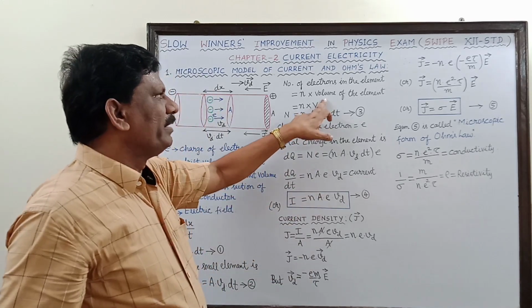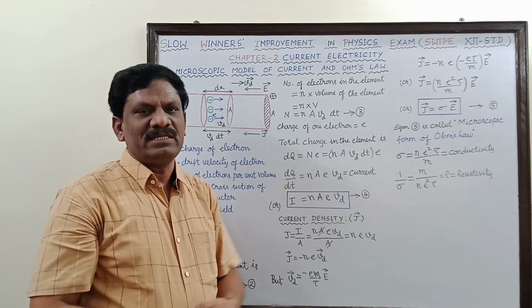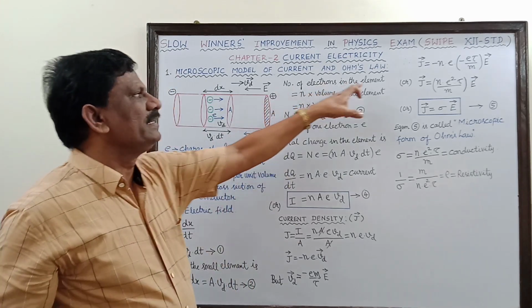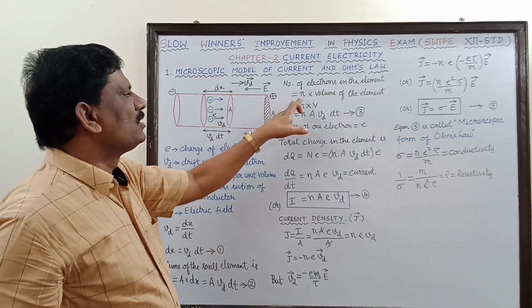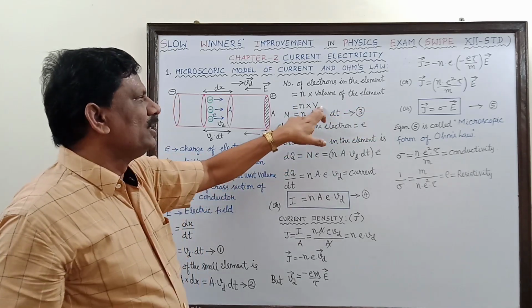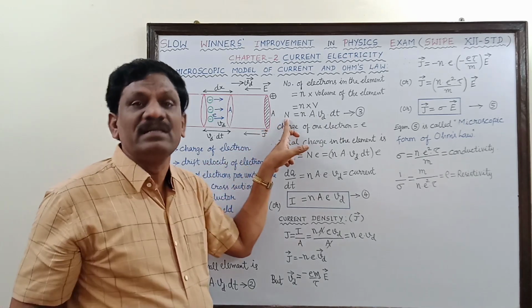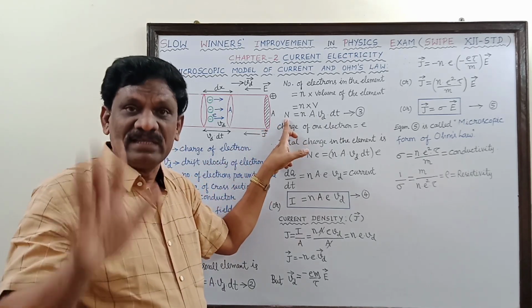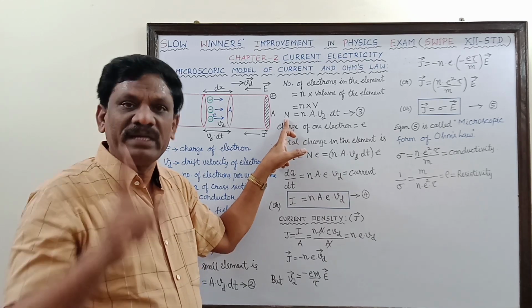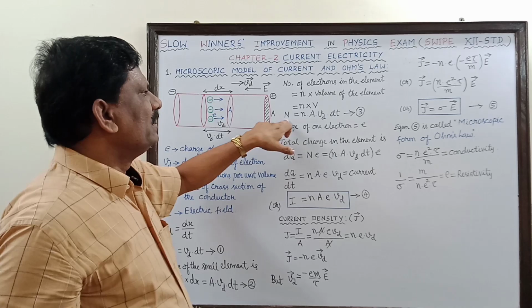If you multiply by the volume of the element, then you will get the number of electrons only in the small element. So the number of electrons in the element is equal to n into volume of the element. That is capital N. I am using the symbol. This is not given in the textbook. It is for my convenience, your convenience. You can introduce it. So capital N is the number of electrons in the element.